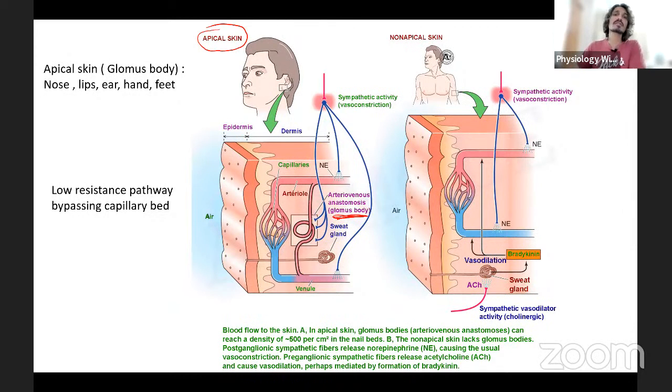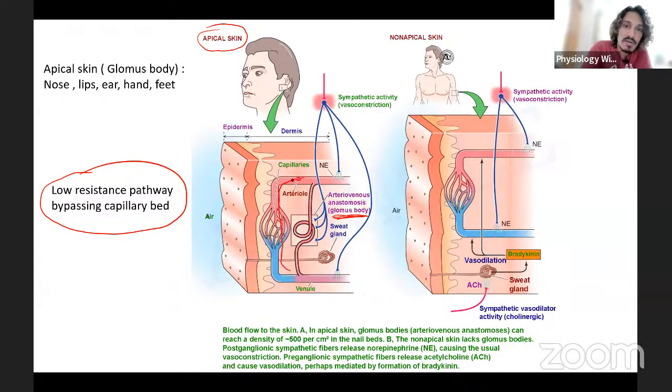So what is different over here? The difference is with regard to a particular arteriovenous anastomosis where a glomus body is. What does it do? It becomes a low resistance pathway. It will bypass this capillary bed. Instead, it will go through this.